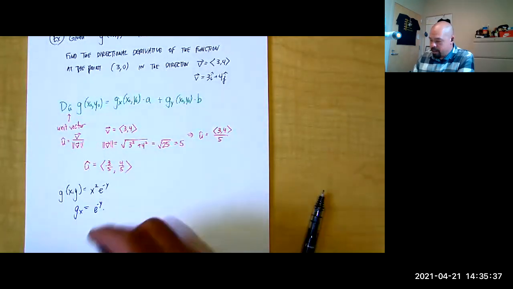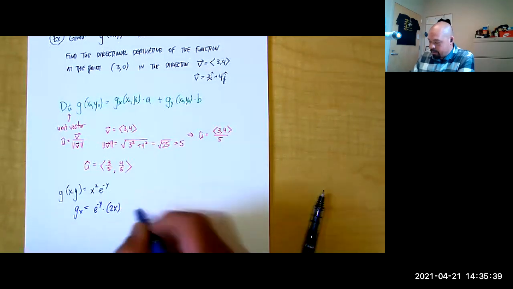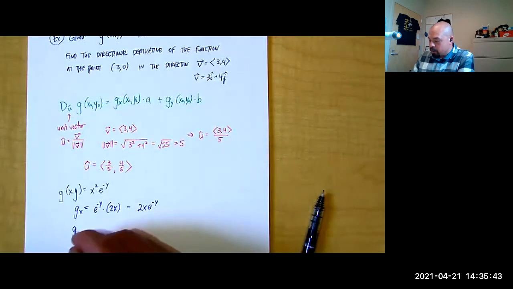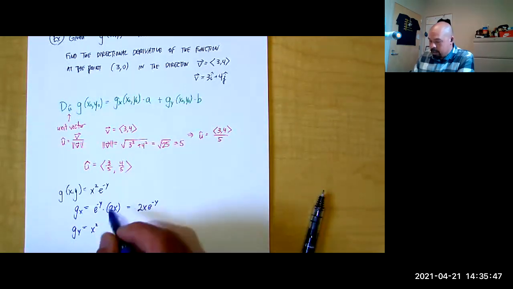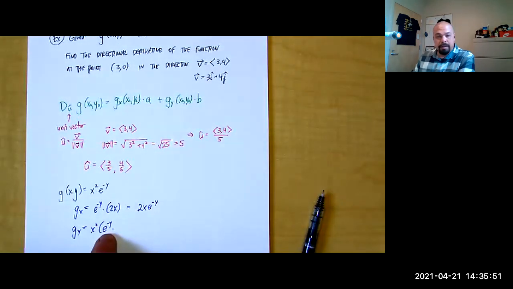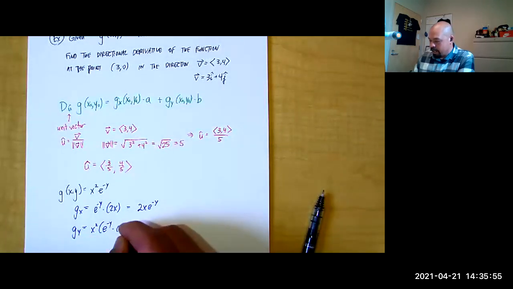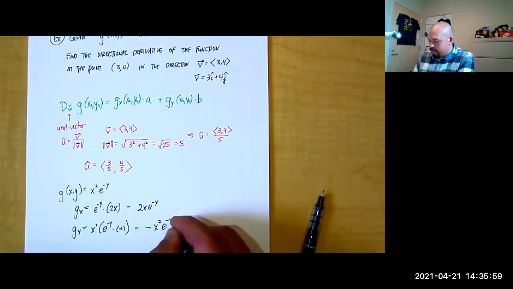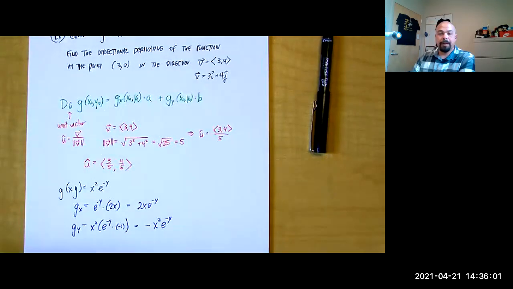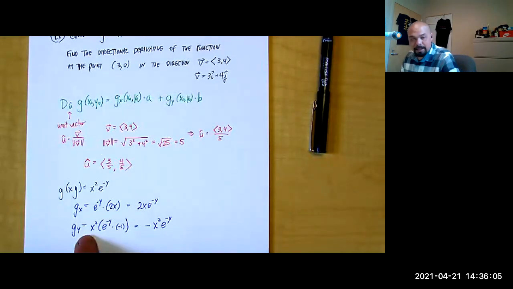The derivative of x squared, 2x, or 2x e to the negative y. G sub y similar. Now that x squared is a constant, derivative of e to the negative y, e to the negative y times the derivative of negative y with respect to y, negative 1. So we're going to get negative x squared e to the negative y. That's our general partial derivative expression.